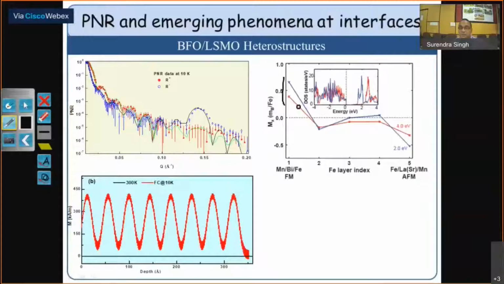This is one interface, this is another interface, and we found there is a possibility of getting both ferromagnetic, this positive value, as well as antiferromagnetic coupling in these systems. This happens when bismuth comes in between the two ferromagnetic elements, then we have a ferromagnetic coupling. But when these two ferromagnetic elements are separated by La, then we have an antiferromagnetic coupling.